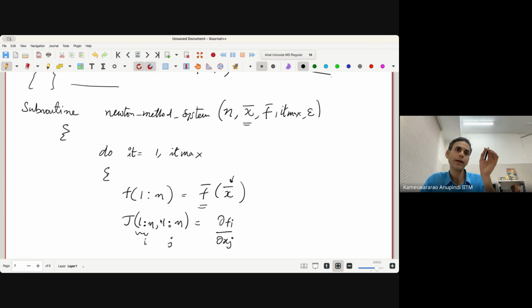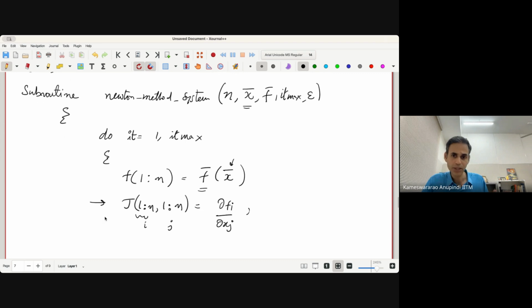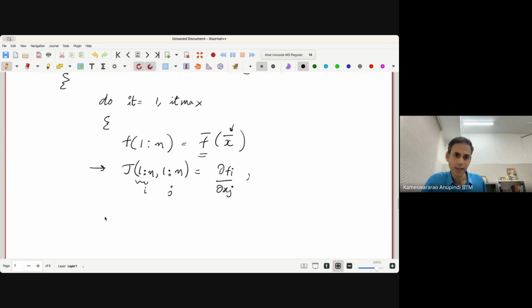Then I know that for the first row, my values are going to be partial f1 by partial x1, partial f1 by partial x2, and so on. So I'm going to somehow write all this in a particular loop and put in the j values in there.